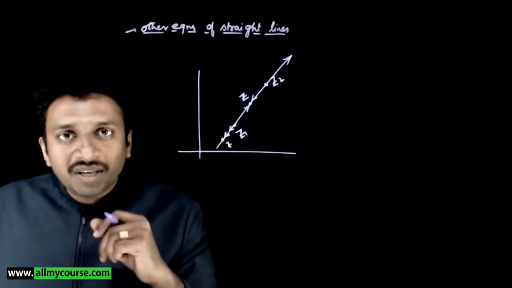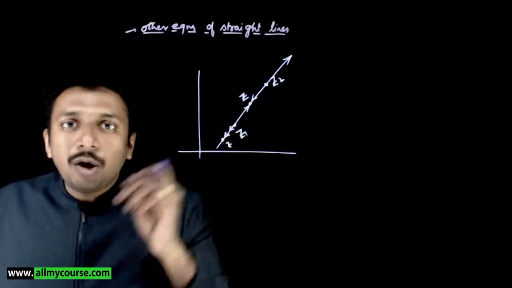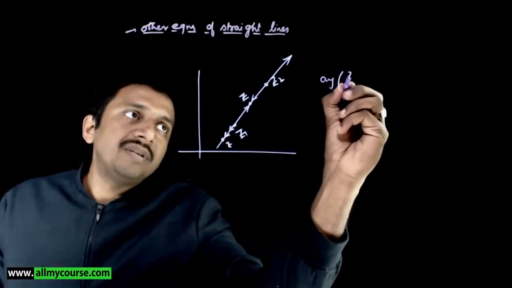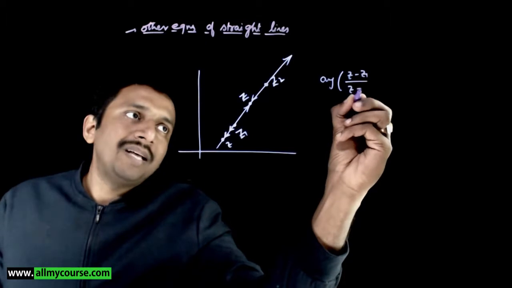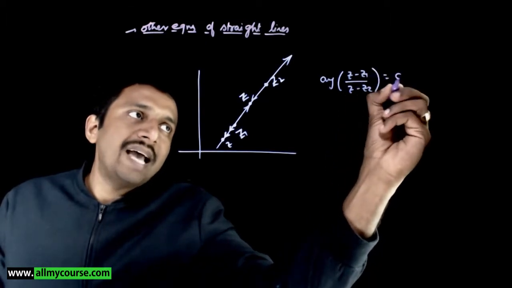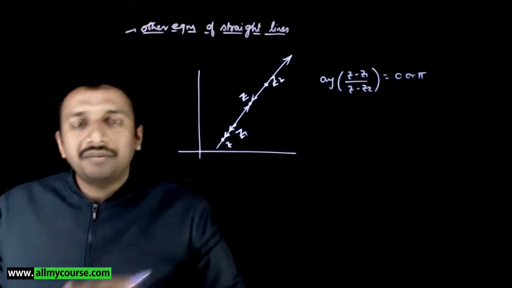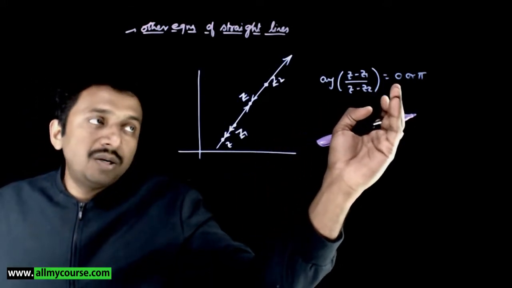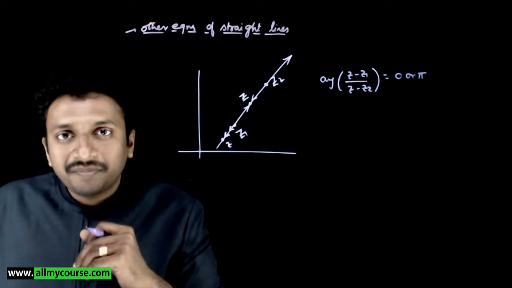Both of them will be in the same direction or they will be exactly opposite. So can I write that argument of (z minus z1) by (z minus z2) is either 0 or pi.